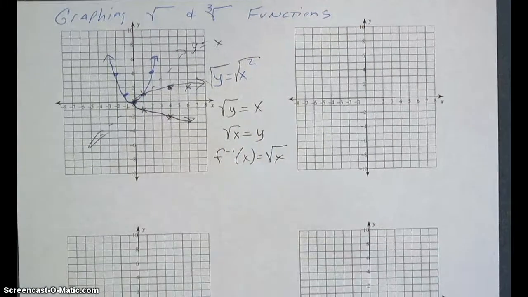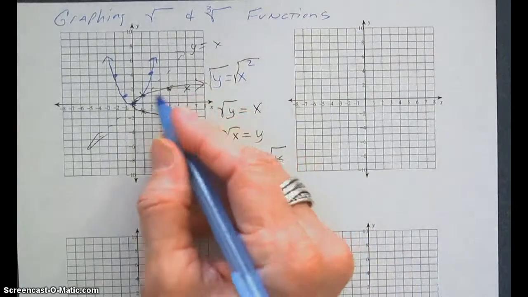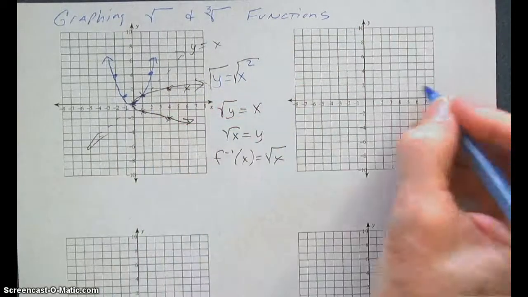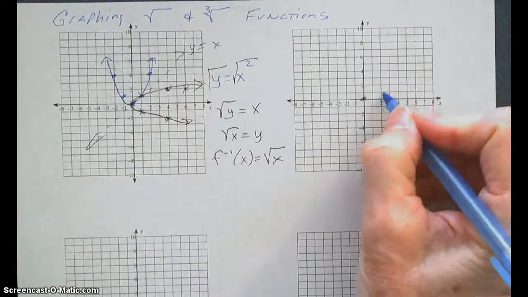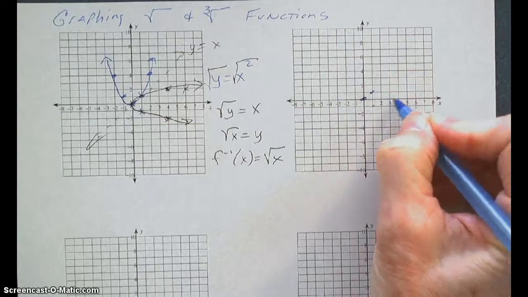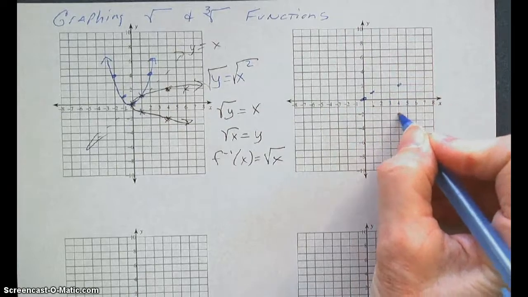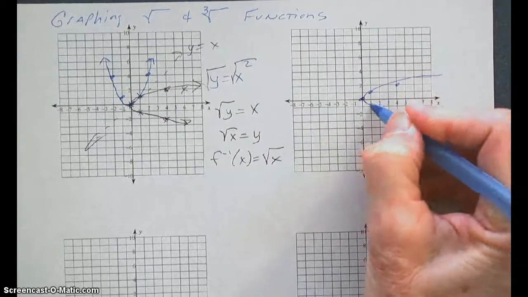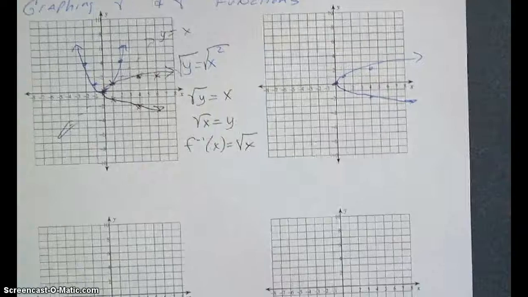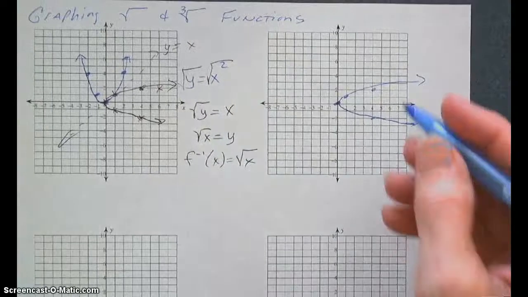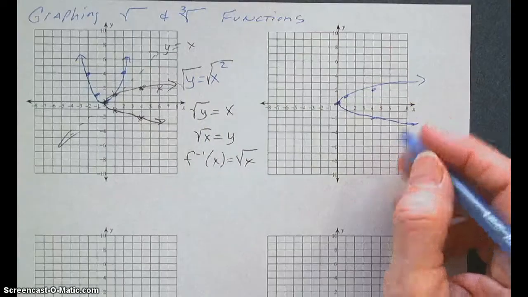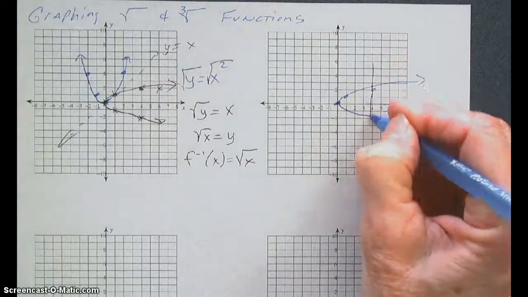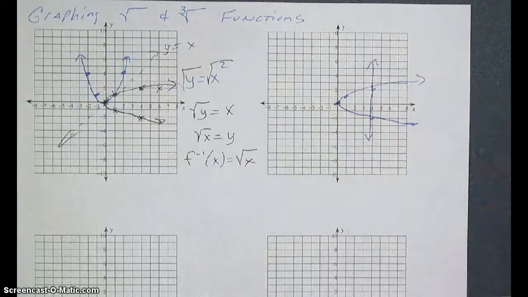But you might recall that if we have a parabola on its side, this is not a function. Why? Because for every value of x, there is not one y.